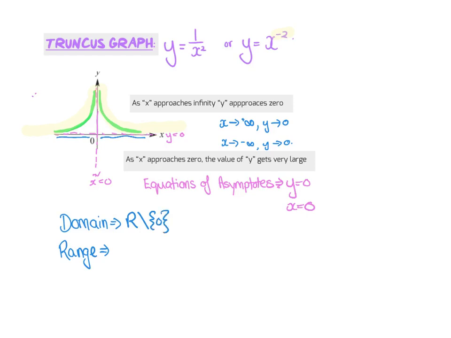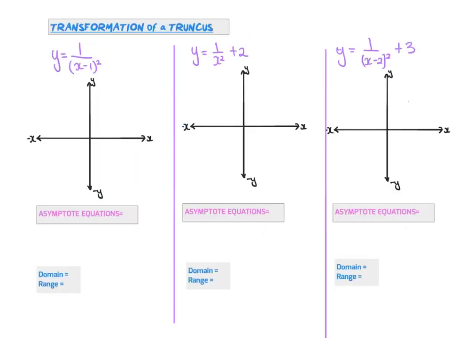And if we look at the y values, y is always in the positive section. So we can write that as R plus, or we could use our bracket notation: it's never 0, but it's always above it, so you could write 0 onto infinity like that. Either way is okay. So we'll go over and look at some transformations.